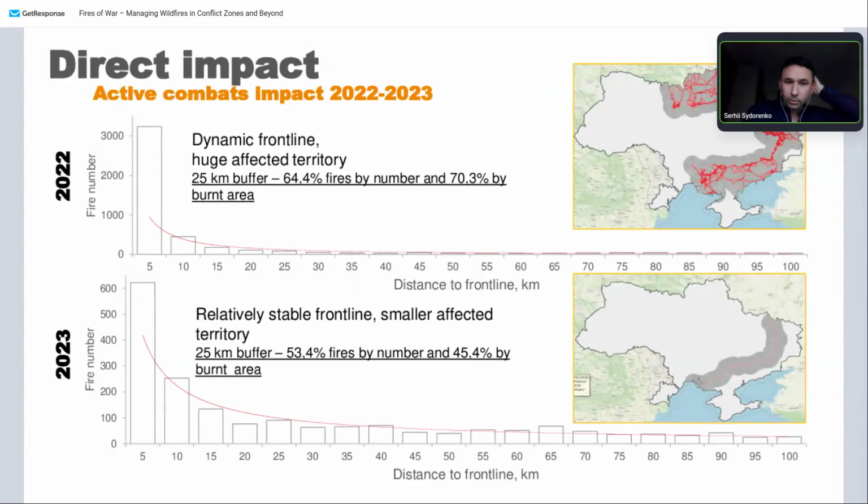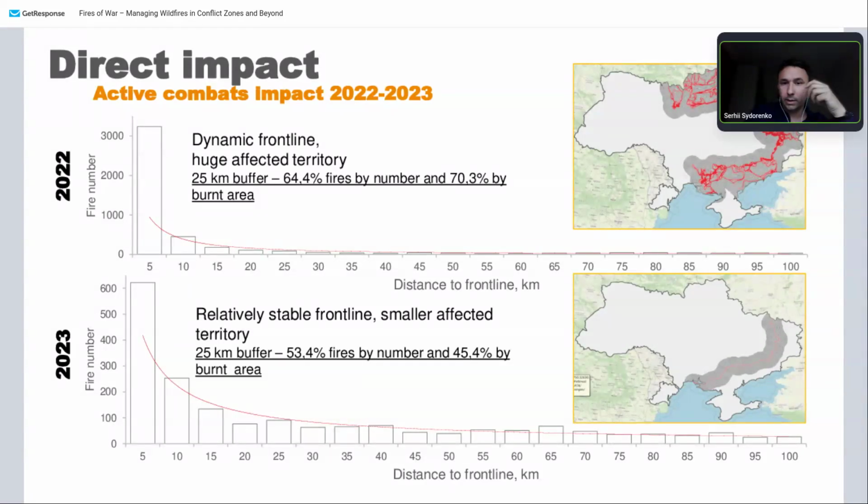It is also important to think about over what distance we have a direct impact of war and military action on wildfires. So if you compare 2 years, 2022 and 2023, you can see from these maps and also from graphs that in 2022, at the beginning, we don't have a clear front line.